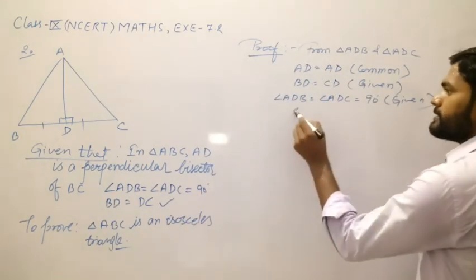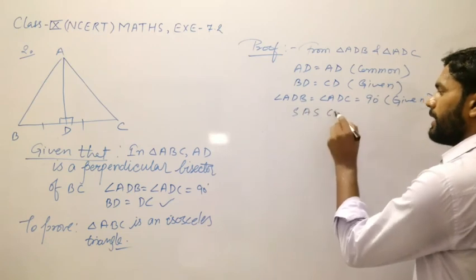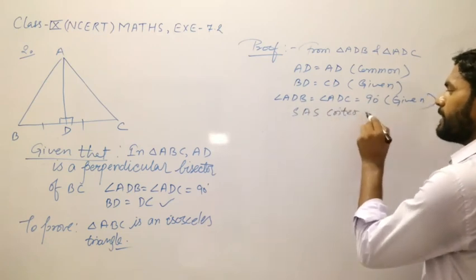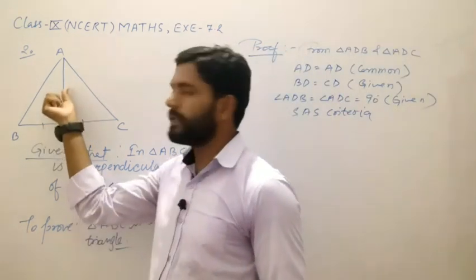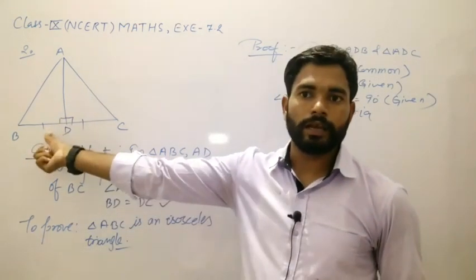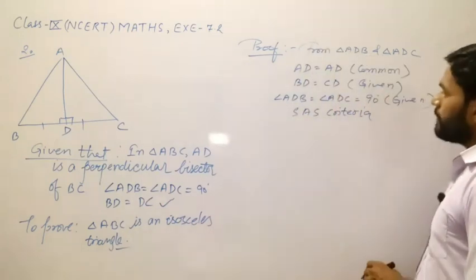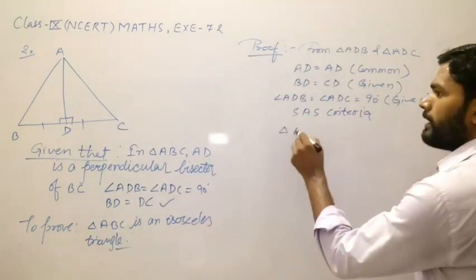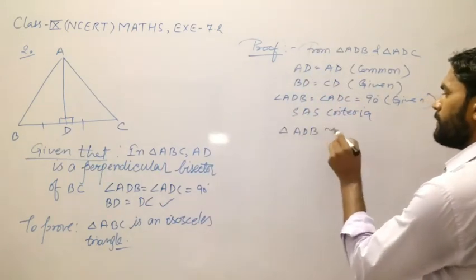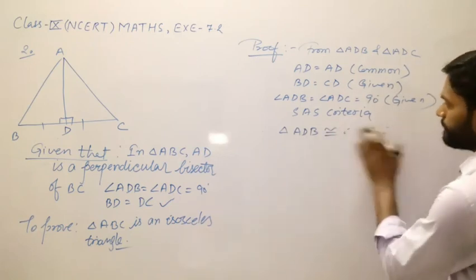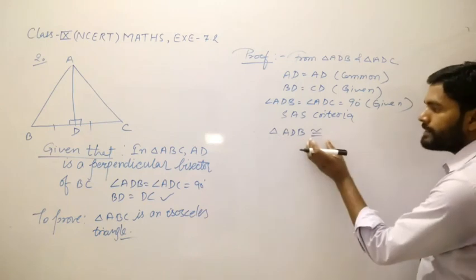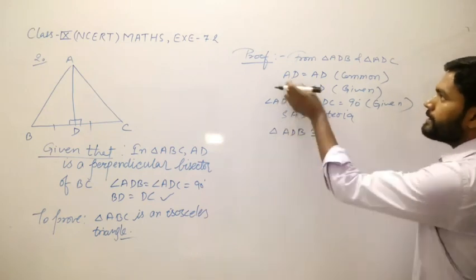तो देखो, SAS क्राइटेरिया, ये बात समझ में आ गई होगी. SAS यूज में लिया है, साइड देन एंगल देन साइड. SAS क्राइटेरिया. Triangle ADB is congruent to triangle ADC. अब सॉरी, triangle ADB is congruent to... AD is equal to AD.